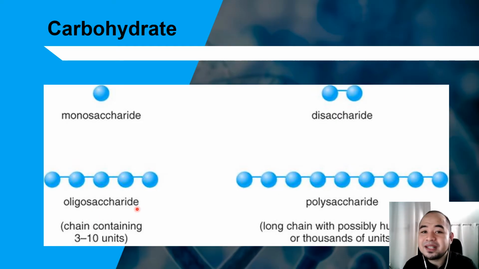Pero ano ang oligosaccharide? So, oligosaccharide, these are chain containing 3 to 10 units. However, not all references will agree with you that it's 3 to 10 units. Some of the references will even consider that disaccharide is an oligosaccharide.